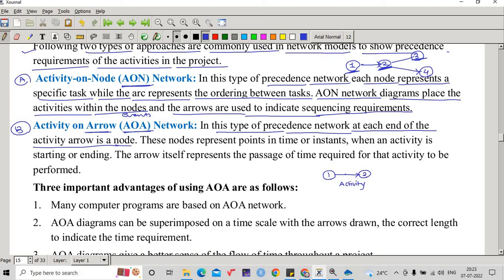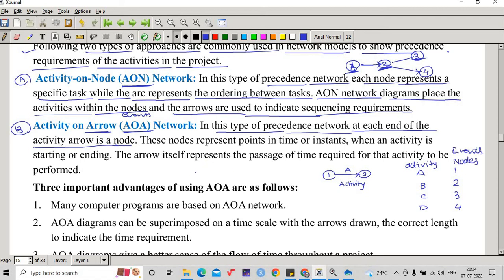So the activity is mentioned over here on the arrow, not at the nodes. Generally all capital letters are noted for the activities and numbers are noted for the nodes or events.